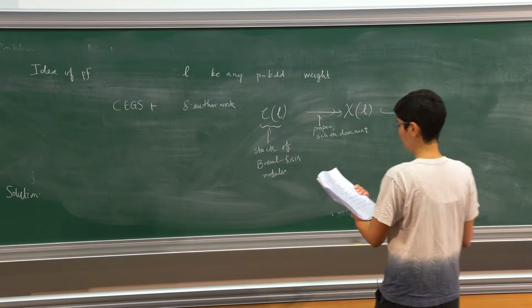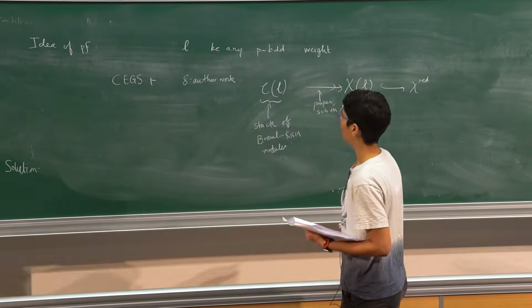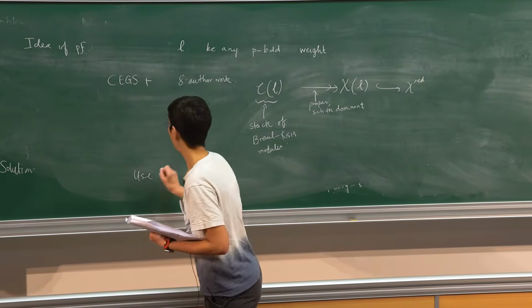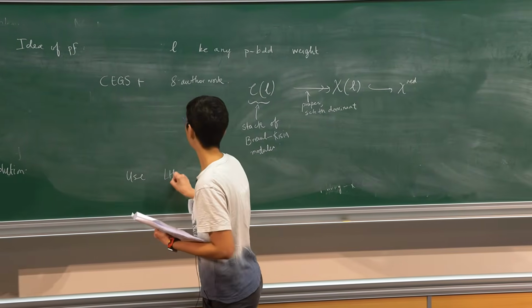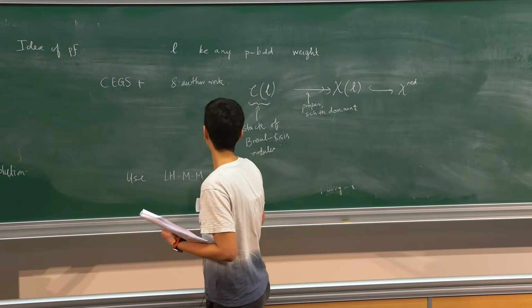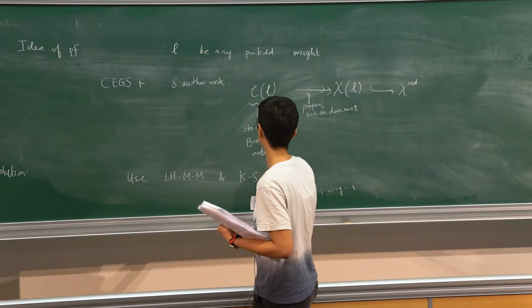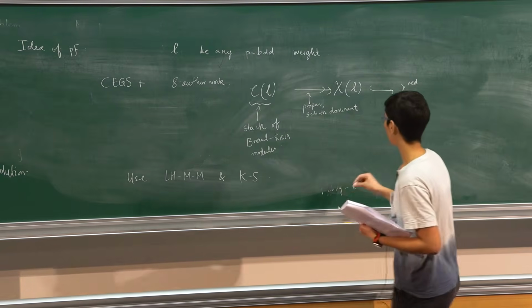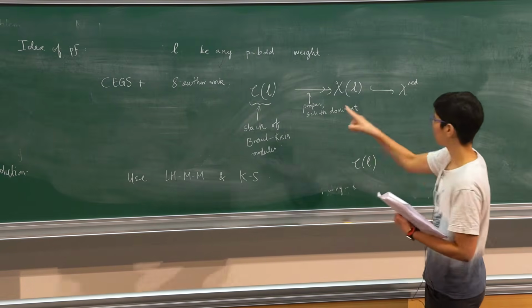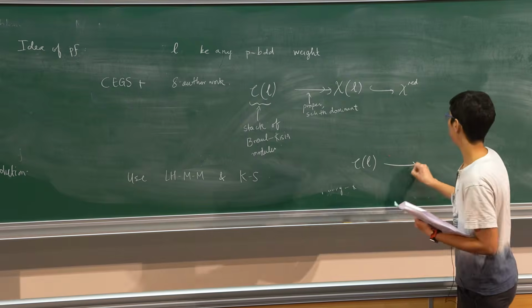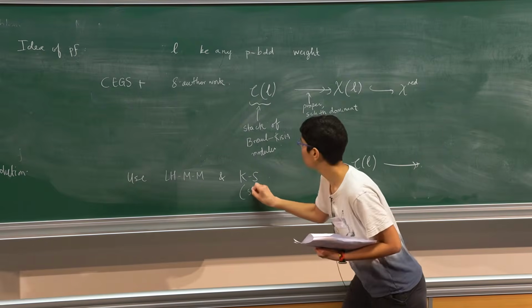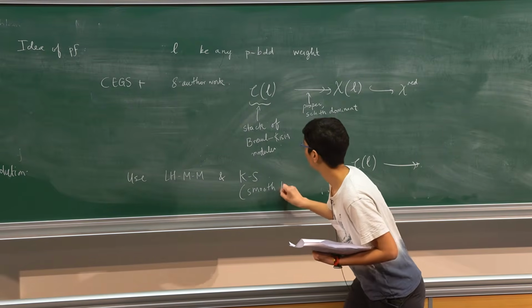Okay. So now one can in fact use recent work of Le Hung, Morra, and my joint work with Ben Savoie, to do a slight modification, to show that smooth locally, you have a diagram like so.